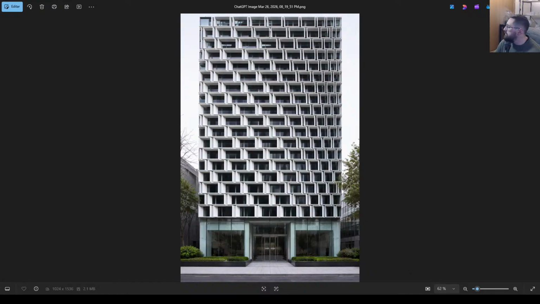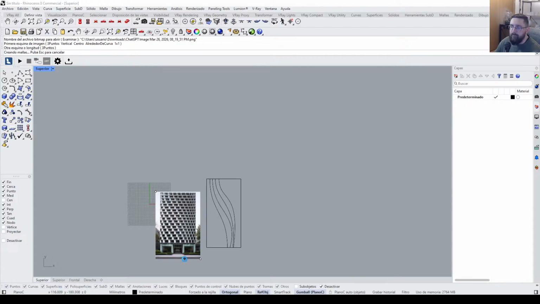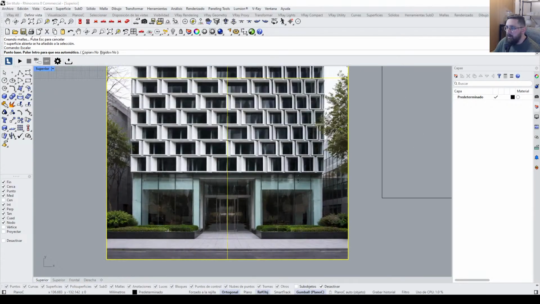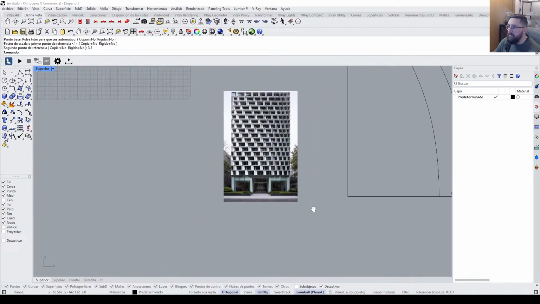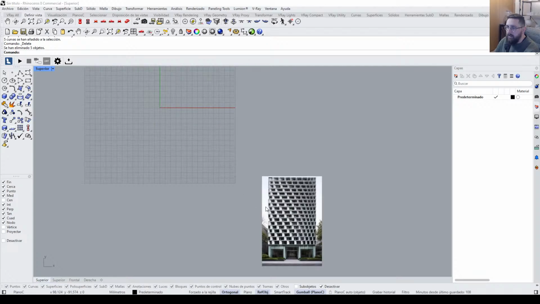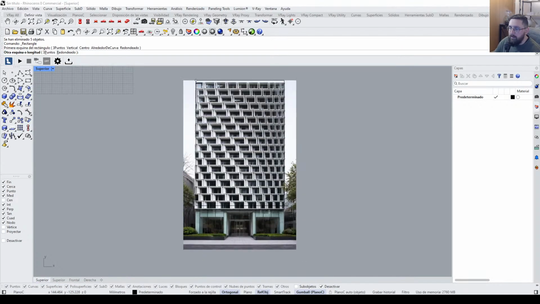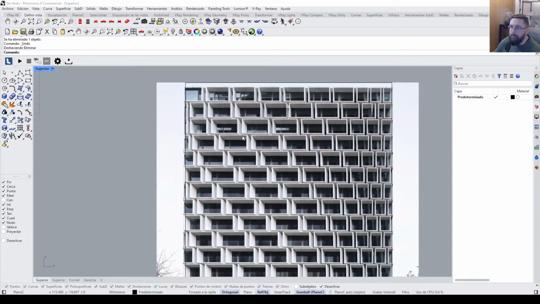I mean, we could. The idea would be like to drag this in Rhino. We're going to say the height of this building, the height between slabs is 3.3. Okay. And then here I'm going to use a bounding rectangle like so. Okay.